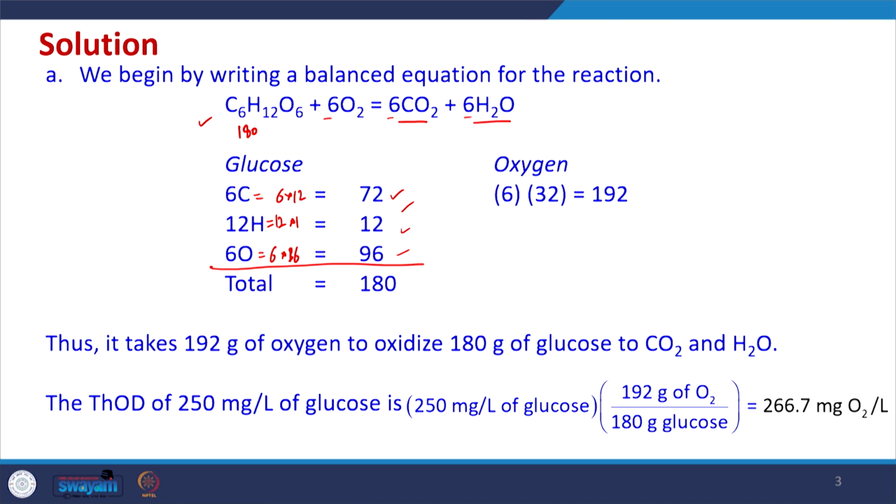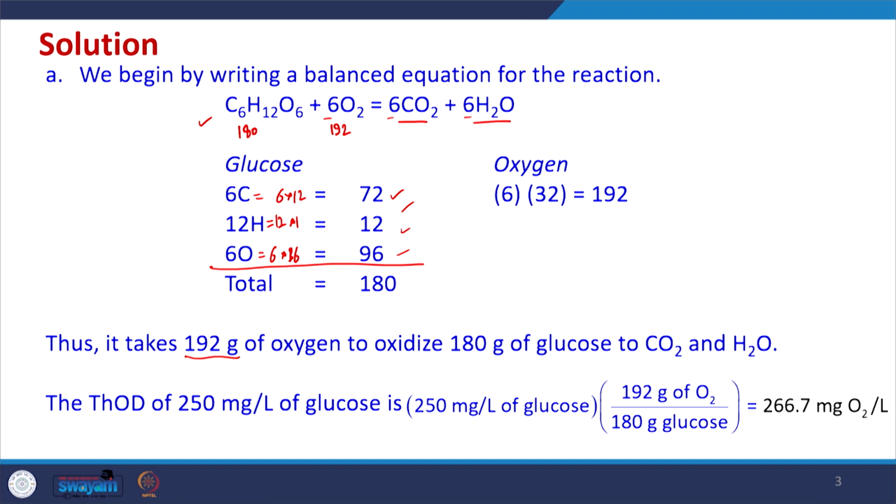Similarly, for the oxygen which is getting consumed, it will come out to be 192. Since we want to concentrate on the oxygen initially and then carbon later on, it takes 192 gram of oxygen to oxidize 180 gram of glucose to CO2 and H2O.